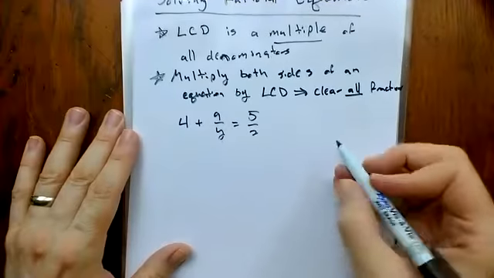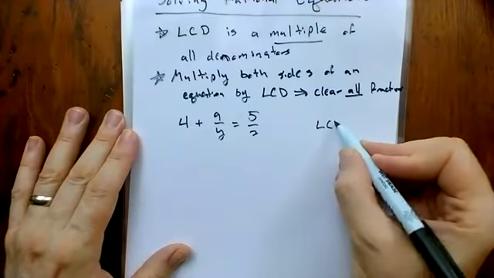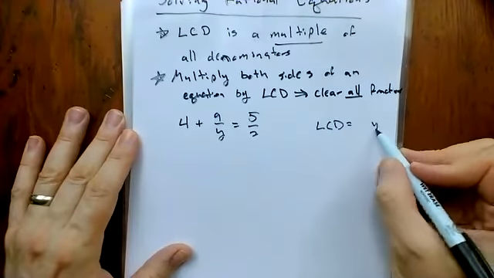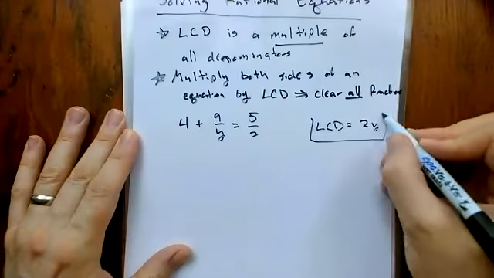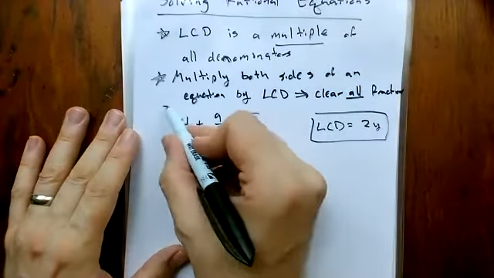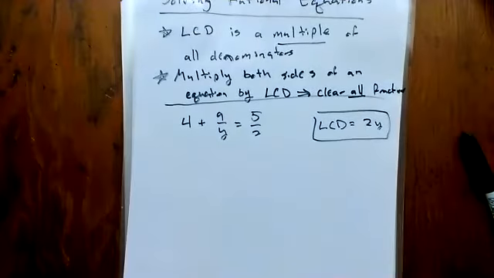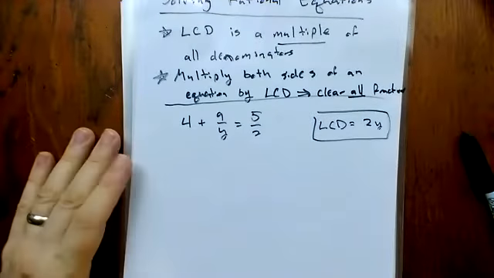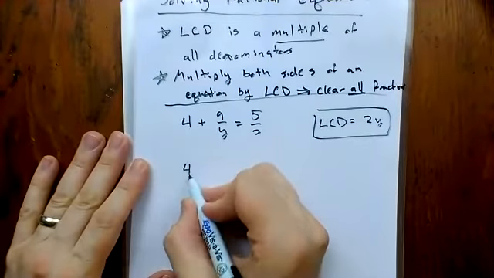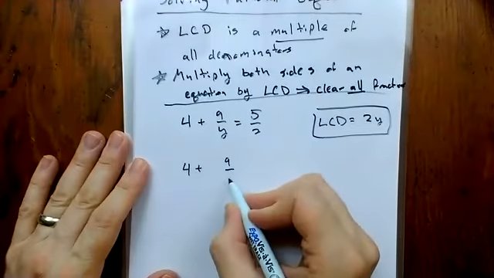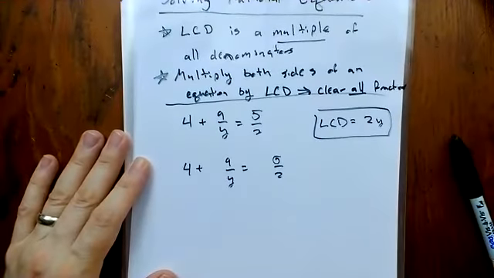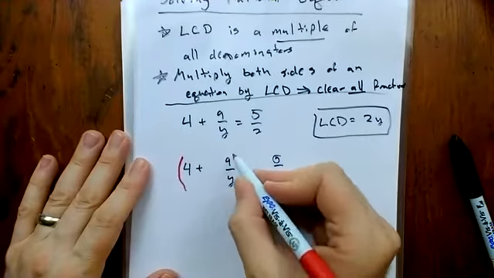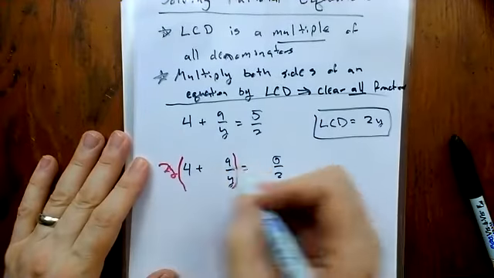I see I've got a factor of y. I see it has to have a factor of 2. So it looks like my common denominator here is going to be 2y. So I'm going to multiply both sides of this equation by this 2y.